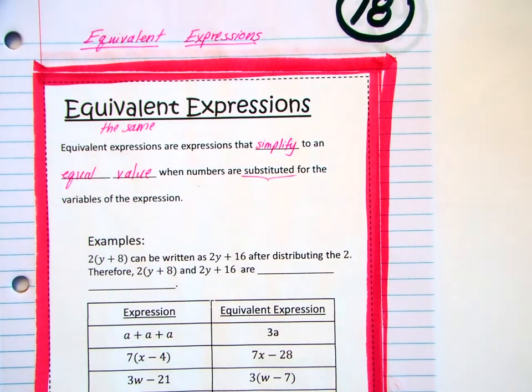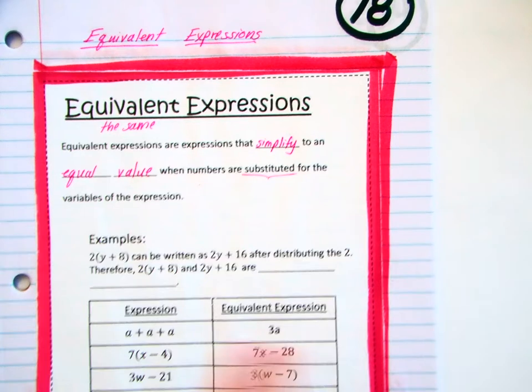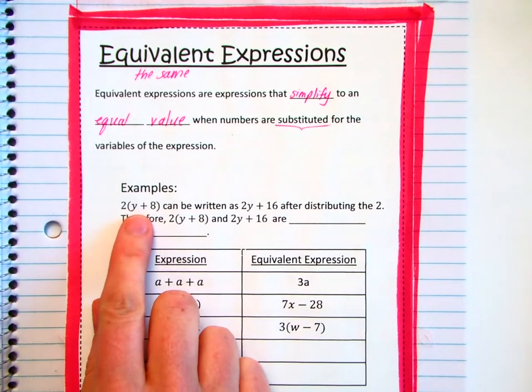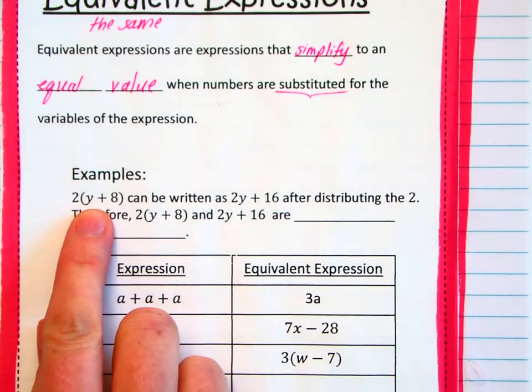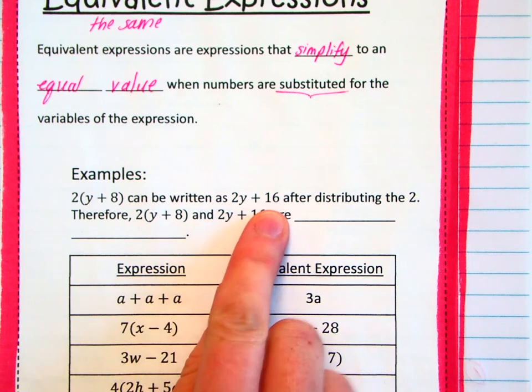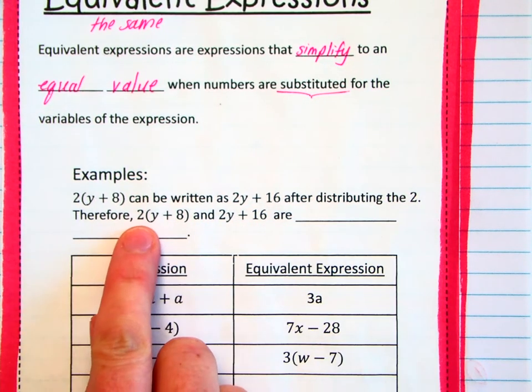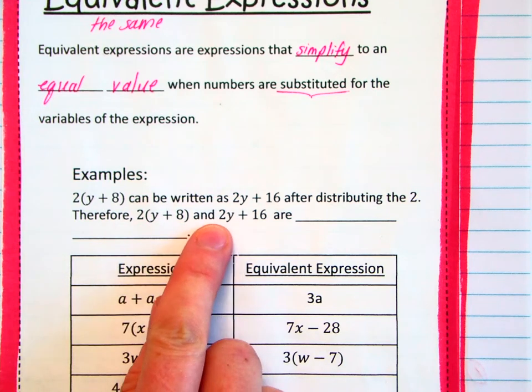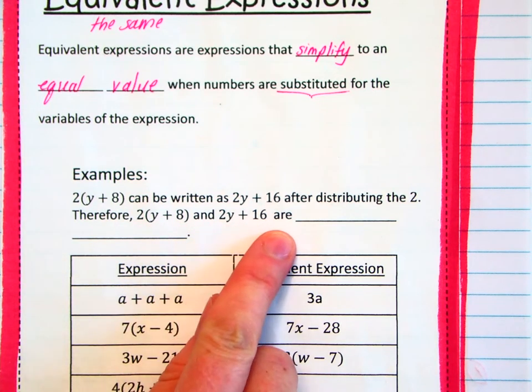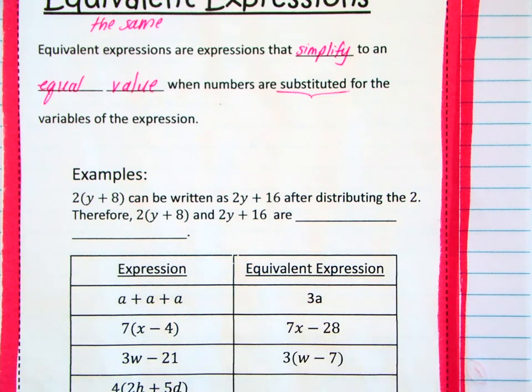Examples on here. 2 times the quantity y plus 8 can be written as 2y plus 16 after distributing the 2. Therefore, 2 times the quantity y plus 8 and 2y plus 16 are, of course, equivalent expressions.